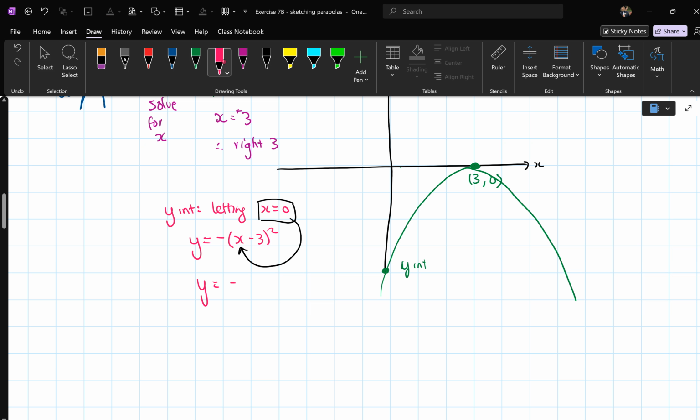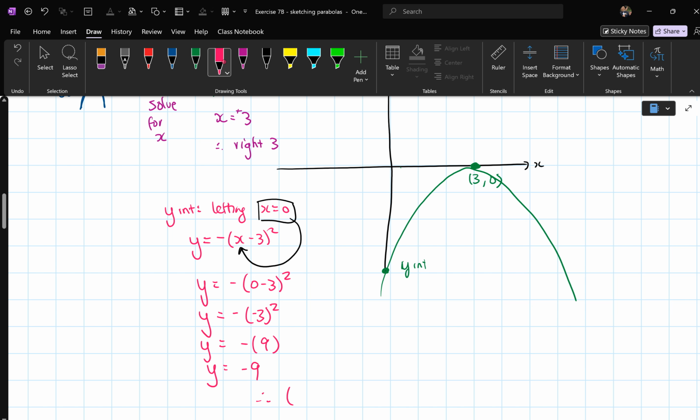You get y is equal to negative of (0 minus 3) squared. You can use a calculator at this point if you need. 0 take away 3 is negative 3. Negative 3 squared is 9, because we do brackets and indices before multiplication. Don't forget there's a negative on the outside of the brackets. So negative 3 squared is 9, and then that gives you negative 9.